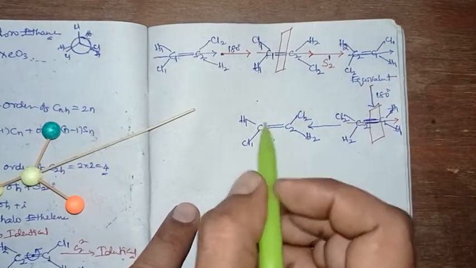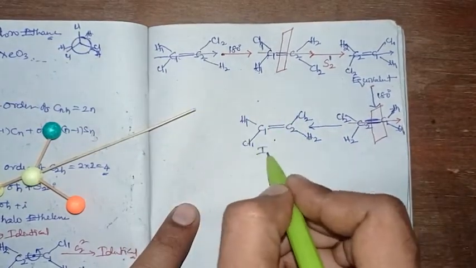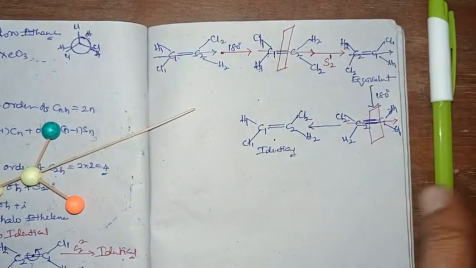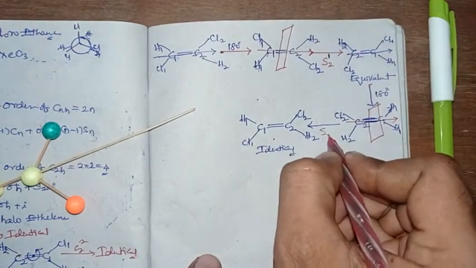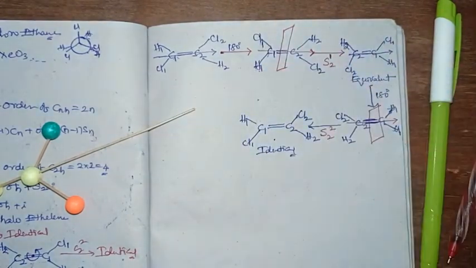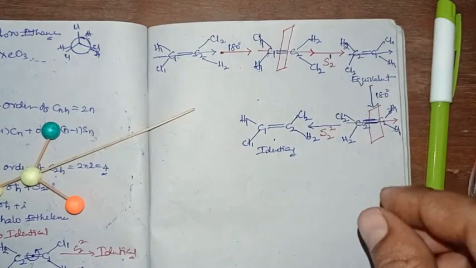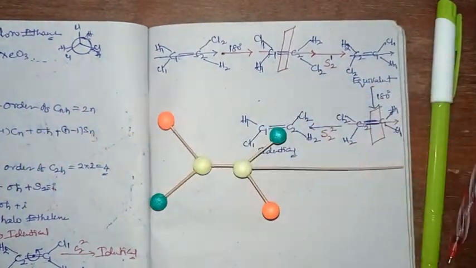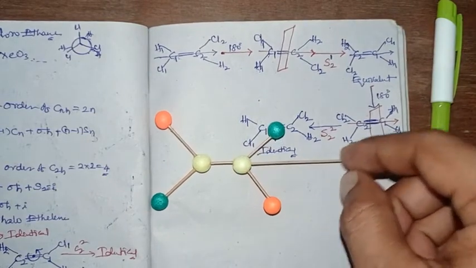When we compare this with the original, it is an identical configuration, right? Identical configuration, and this is S2, the second time, right? That's how the second fold improper axis is possible in the trans dichloroethylene molecule, right?